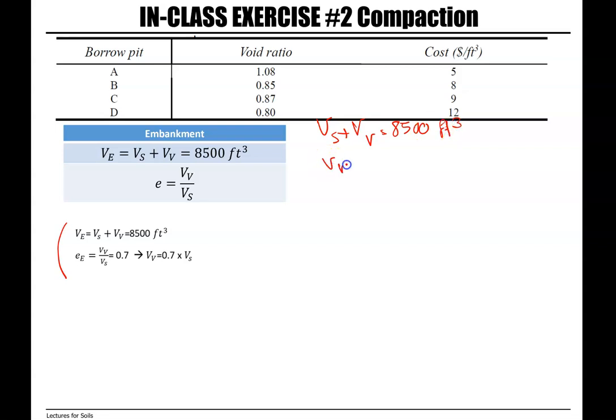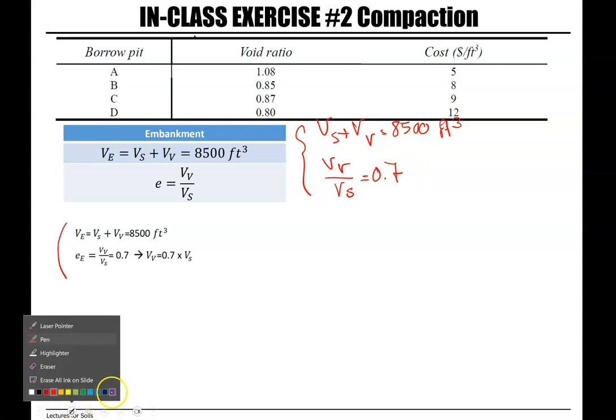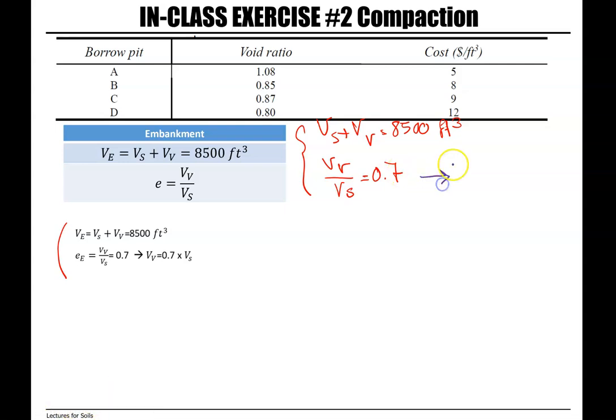We also have volume of void divided by volume of solids equal to 0.7. 2 missing parameters, volume of solids and volume of void, 2 formulas. We rearrange the second formula. Volume of void is equal to 0.7 times volume of solids.